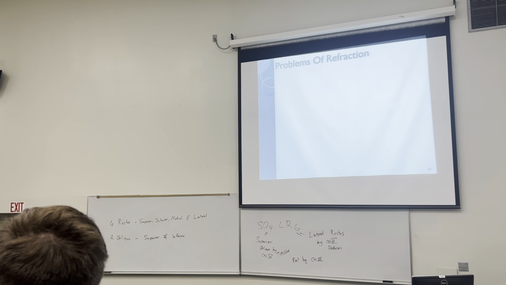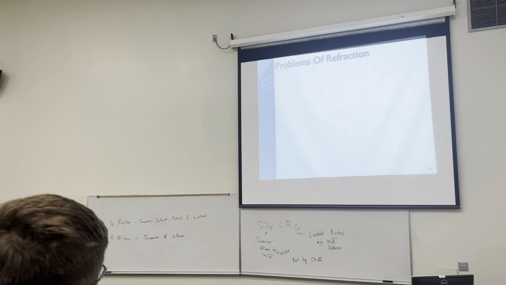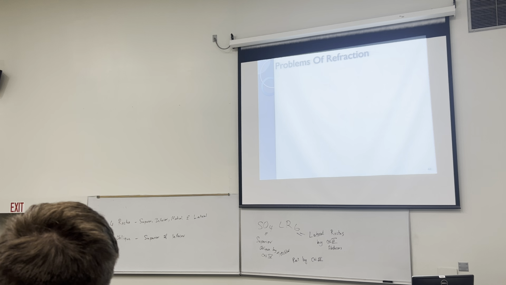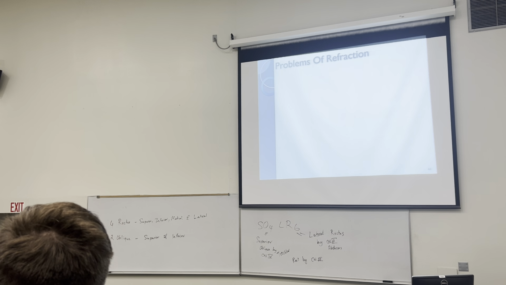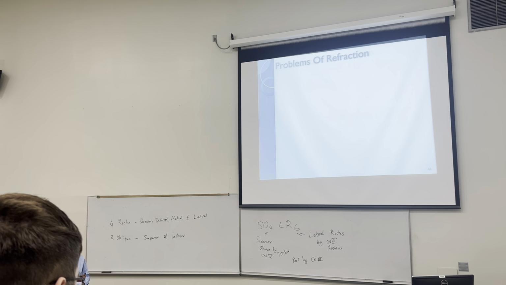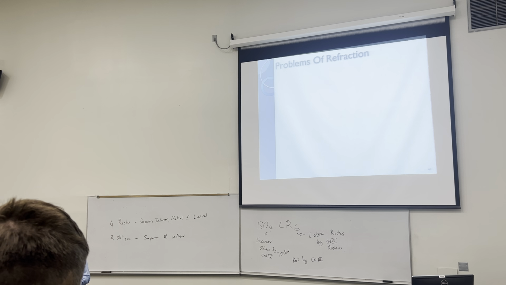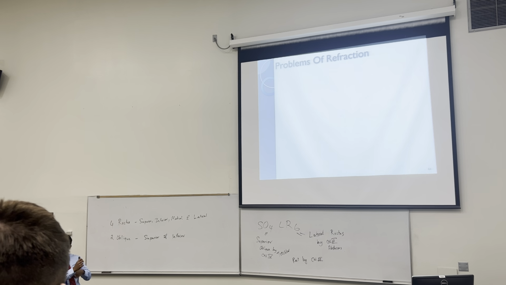Let's talk about some refractive problems. If we are wearing glasses, especially at an earlier age, I know they say it's short-sightedness. Basically, they're not telling what the problem is. They're saying what we can see. People who have short-sightedness, what do they have difficulty with? Seeing things further away.